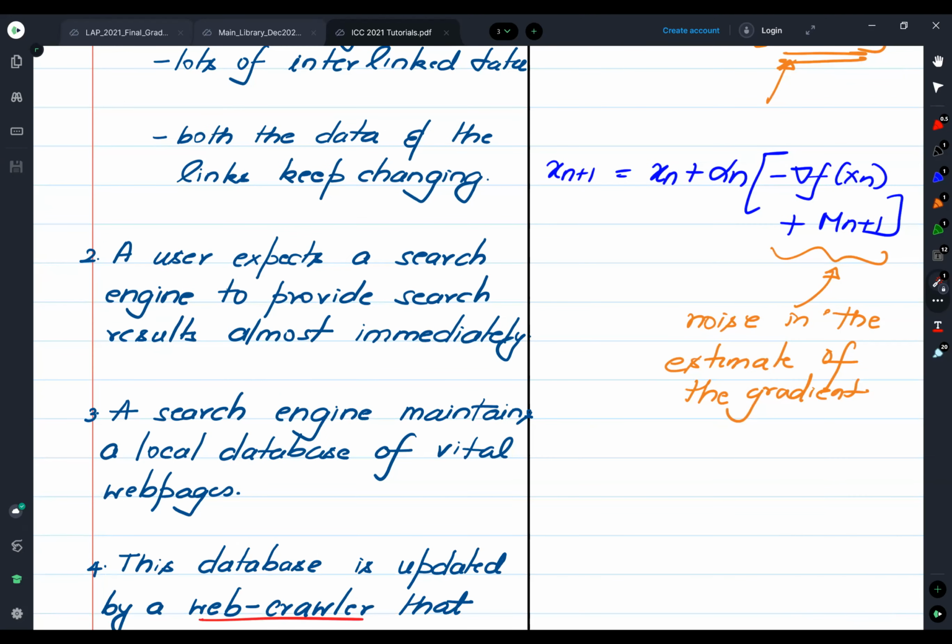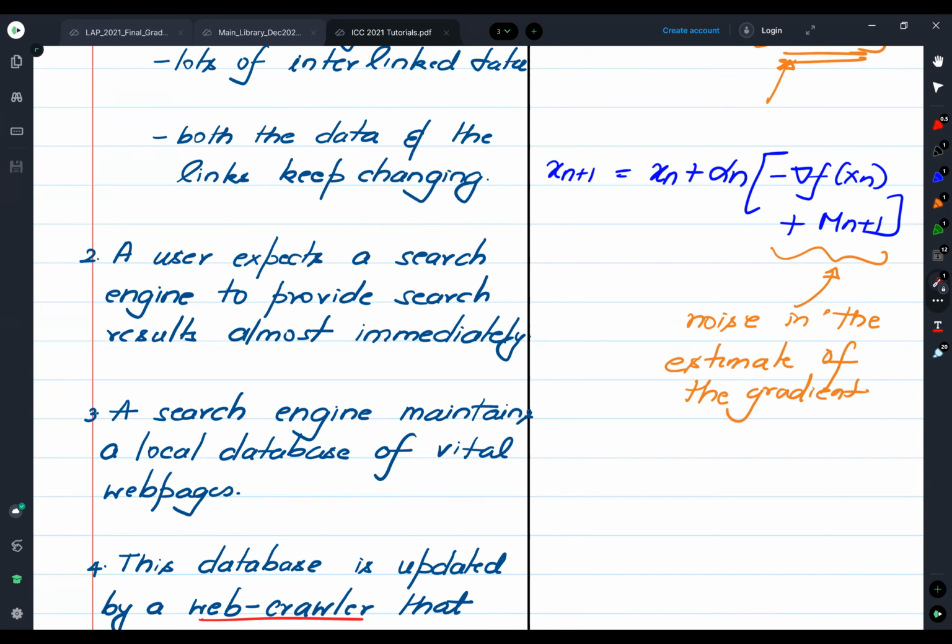So in order to do this, what a search engine does is that it doesn't search over the internet when you provide a search query. Instead, it searches in a local database. So more importantly, what is there in the local database? Well, a search engine maintains a local database where it has all the latest copies of vital or important web pages.